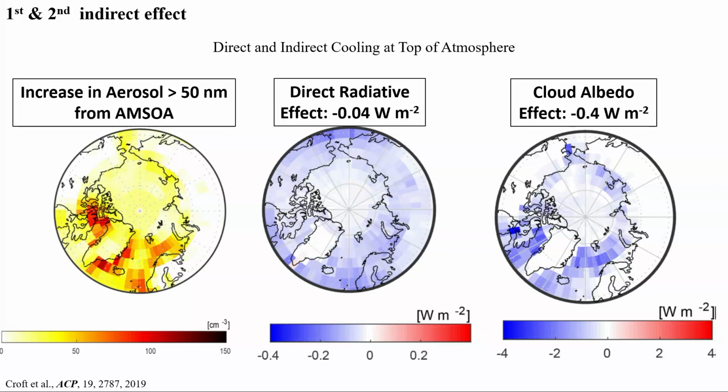So the radiative forcing associated with that is not large, but in the rightmost circular plot, those aerosols change the properties of the cloud. They change the cloud albedo, and the radiative forcing effect of those particular aerosols, secondary organic aerosols, was much more important. 10 times the direct effect.